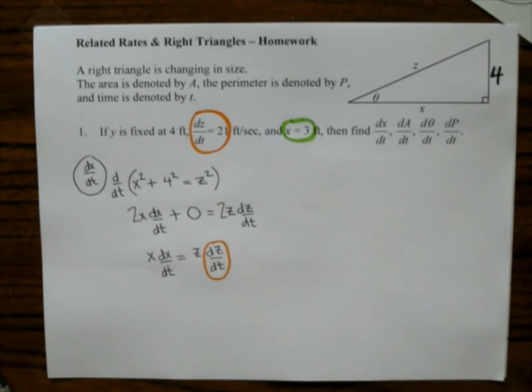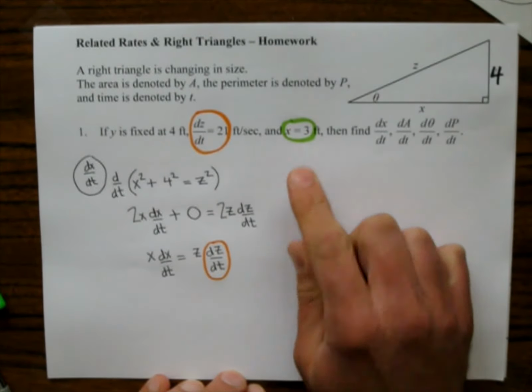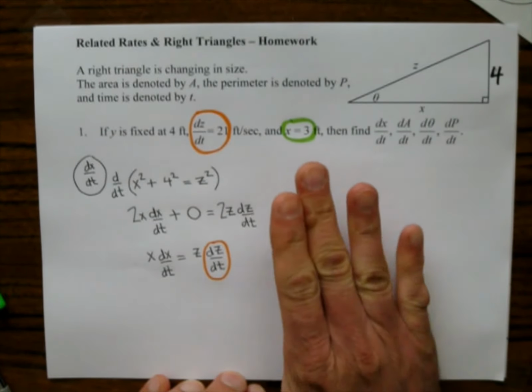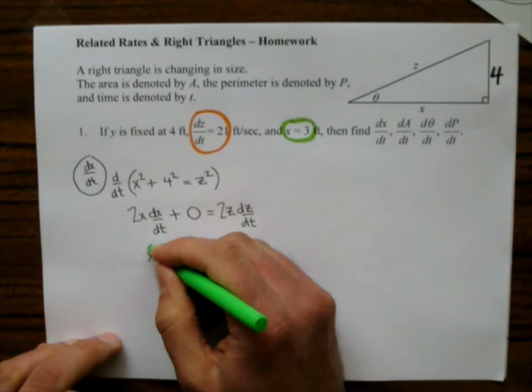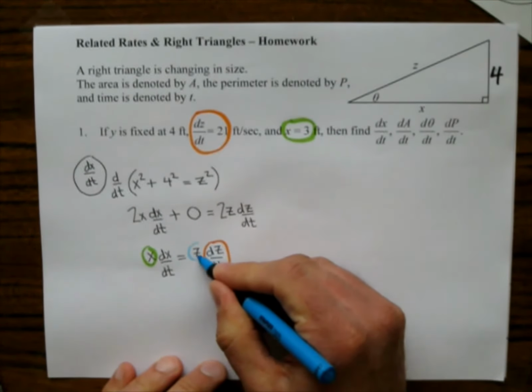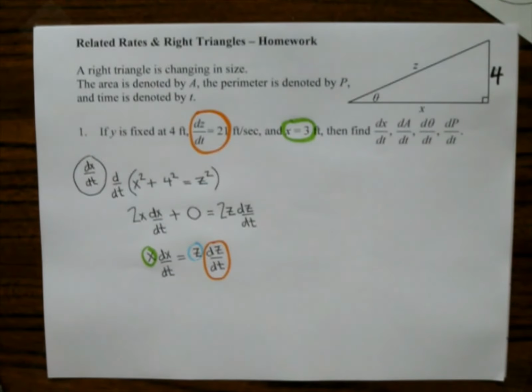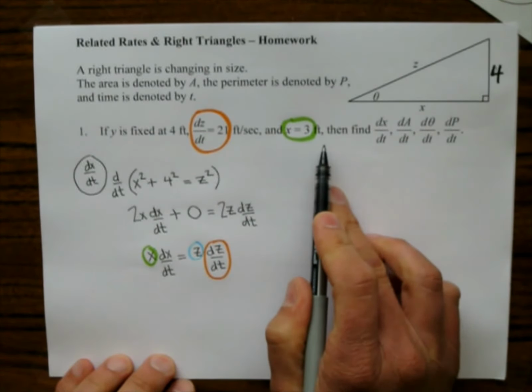Now, this triangle is changing in size. So, you know, when x is 4, things are going to be different. But it said x is 3, so I'm going to put a 3 right here. And the other letter that I need is z, and it seems like it didn't give me z.